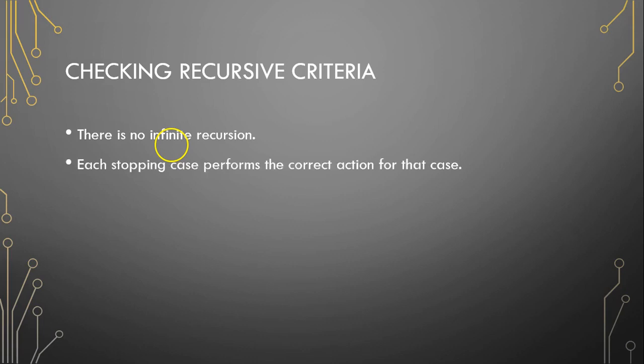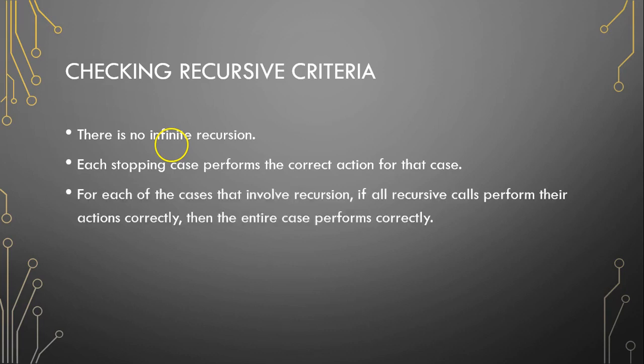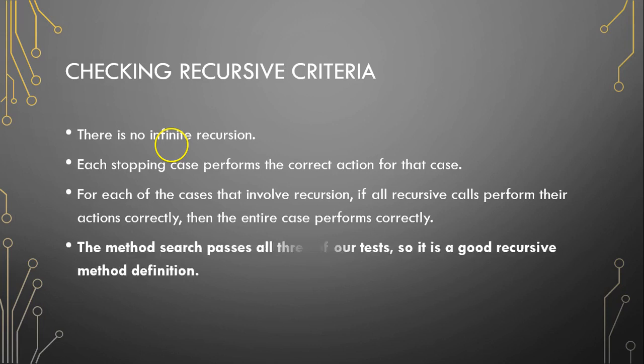It gets us the results that we expected in this scenario. And for each of the cases that involve recursion, if all the recursive calls are performing the actions correctly, which they are, then the entire case has performed correctly. So because the method search passes all 3 of our tests, it's a good recursive method definition. Keep that in mind as you start looking at your own method definitions for recursion, that you can pass these 3 tests as well.